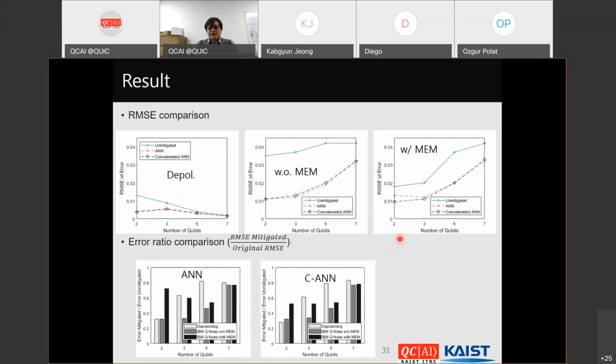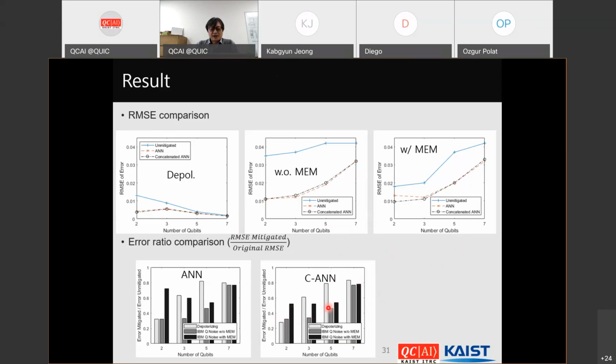This summarizes the error mitigation capability with more qubits. We explored the error mitigation capability up to 7 qubits. Overall, when the number of qubits is small, we can provide very efficient error mitigation.